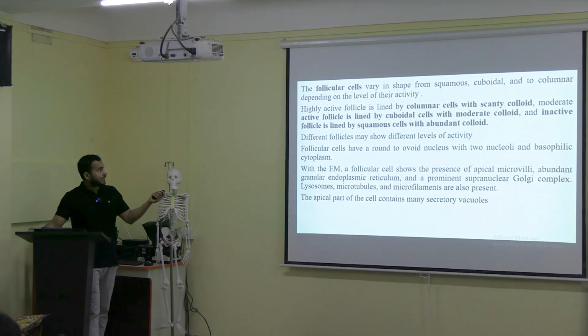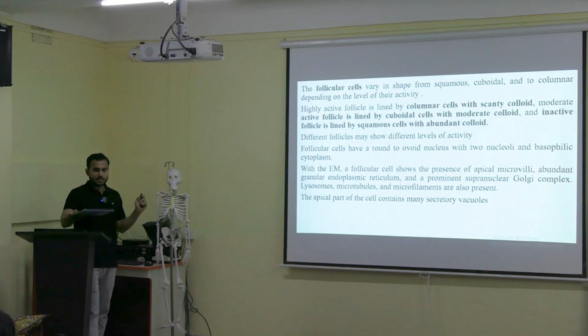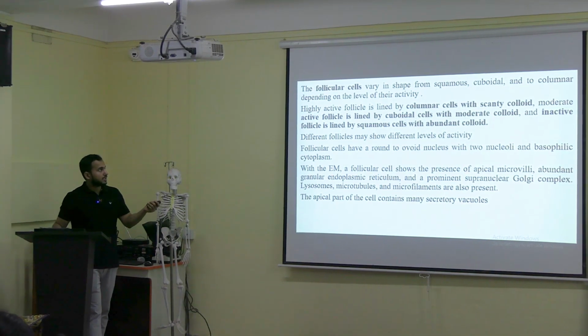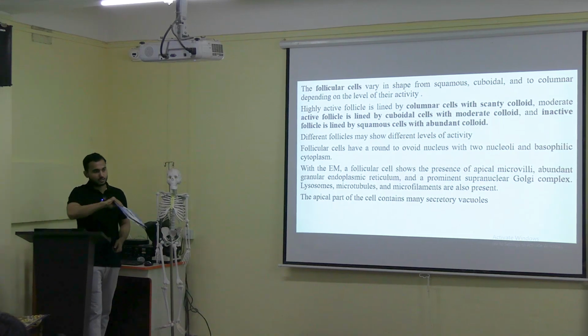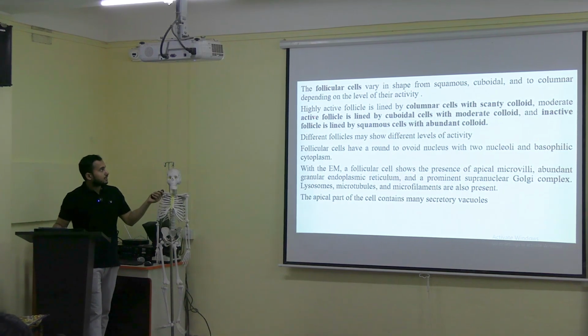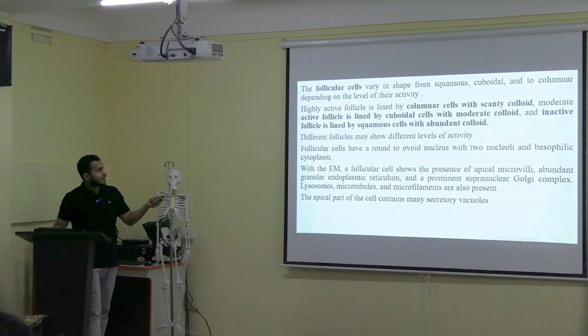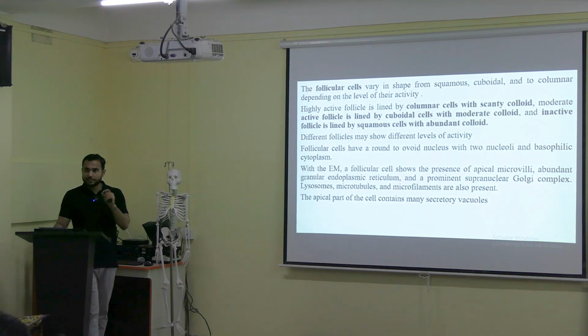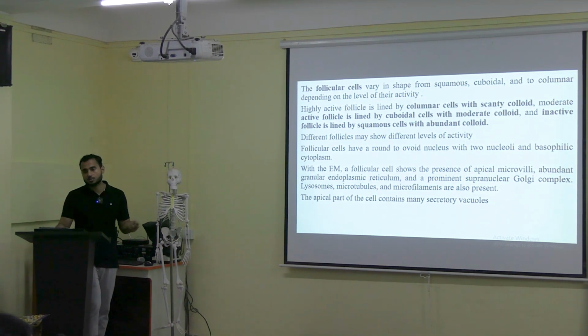When the follicle is highly active, it is lined by columnar epithelium, and at that time the amount of colloid is scanty. Moderately active follicles are lined by cuboidal cells with a moderate amount of colloid. And if the follicle is inactive, it is lined by simple squamous epithelium with abundant colloid.